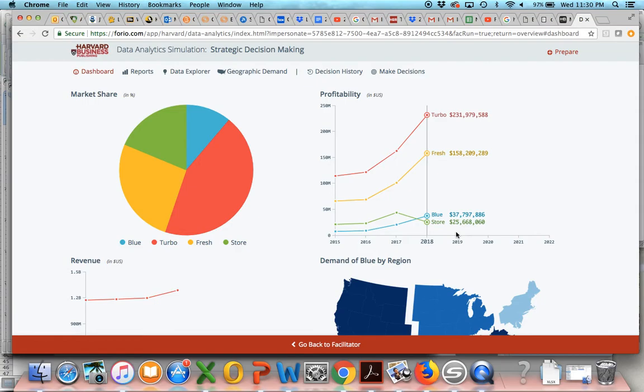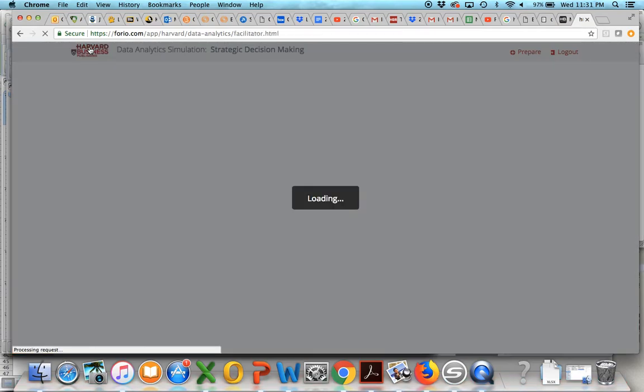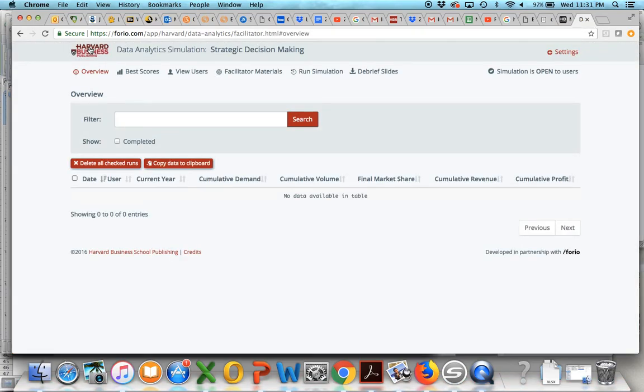The first time there's a lot to look at. So first time through is just figuring out how it all works. When you play it through 2 to 3 more times, it will go very quickly. And once you've played through a couple times, if you click on the Harvard logo here, it doesn't work for me because this is the instructor module.